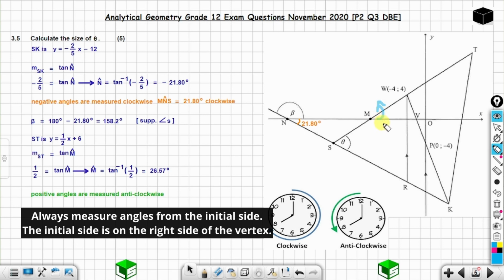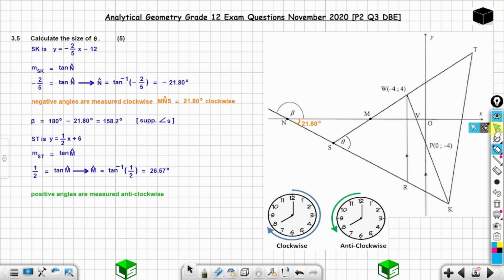You're going to have this angle, VMW. VMW is equal to 26.57, anti-clockwise, because this is positive.